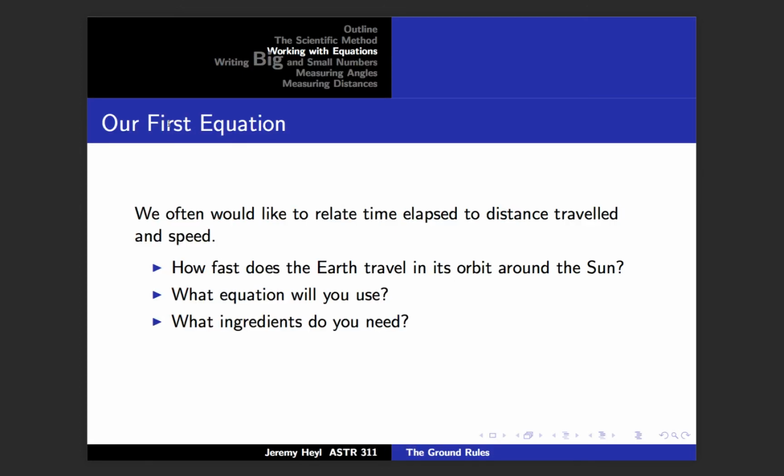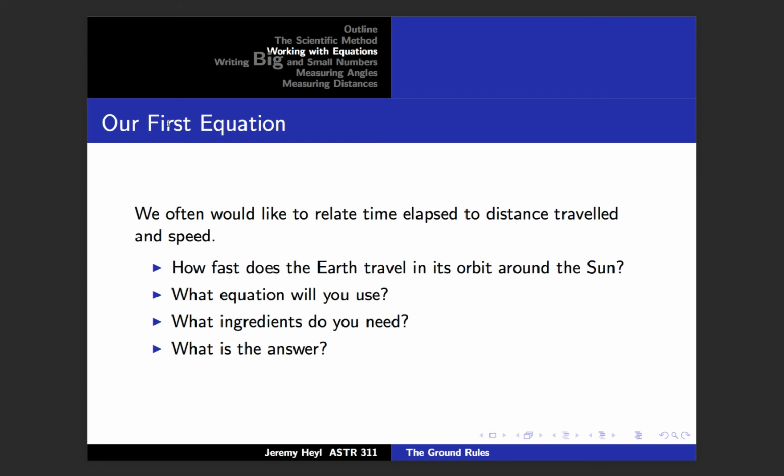What are we doing? So what ingredients do we need, right? So if we want to calculate the speed, we need to know the distance and we need to know the time. So how can we figure out those things? For the Earth going around the Sun, what would be a natural time to think about?